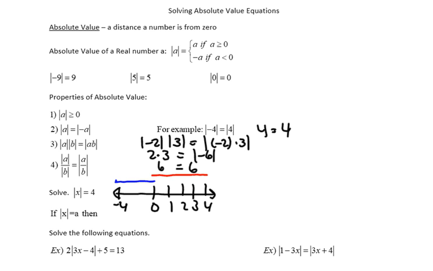So in this case, I can write x is equal to 4, or x is equal to negative 4. So in general then, if the absolute value of x is equal to a, then x is equal to a, or x is equal to negative a.